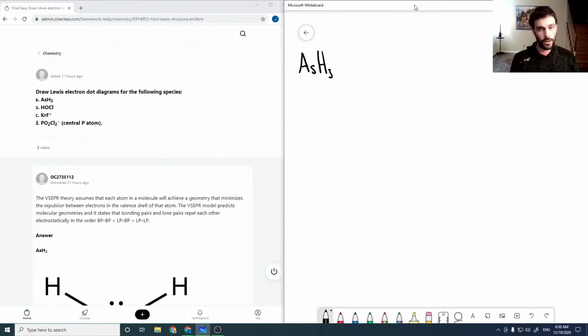So if we check in the periodic table, arsenic is underneath nitrogen. So this guy has 5 valence electrons. And hydrogen always has 1 valence electron, so times 3 is equal to 3 total.